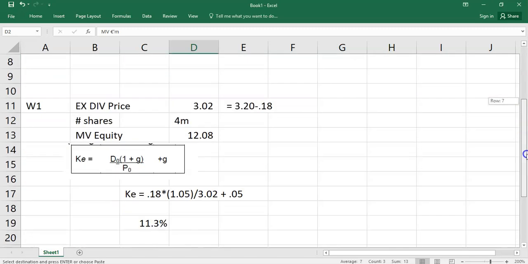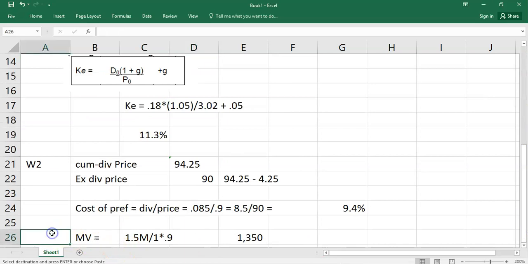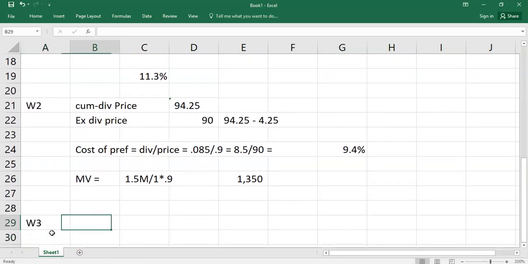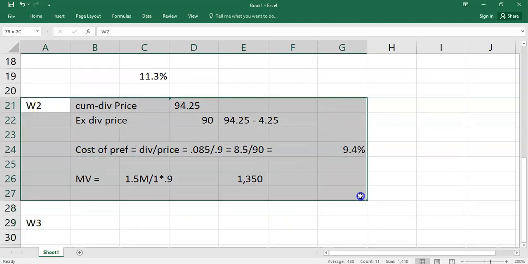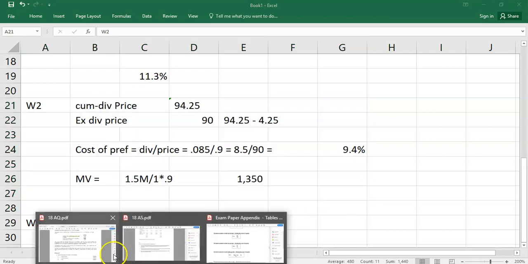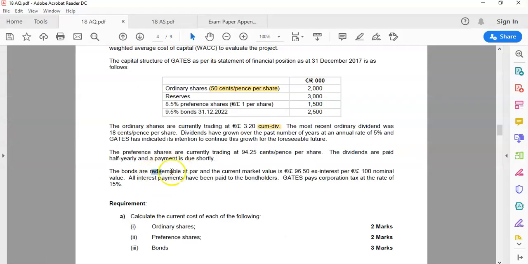The last one then is we have debt, which we call a bond. And in this case, you can have two types of bonds. You can have it irredeemable, in which case it's treated very similar to a preference share because it's not going to be paid back. Or in our case here, they gave us a redeemable bond, and it's going to be redeemable in 2022. Be careful now.